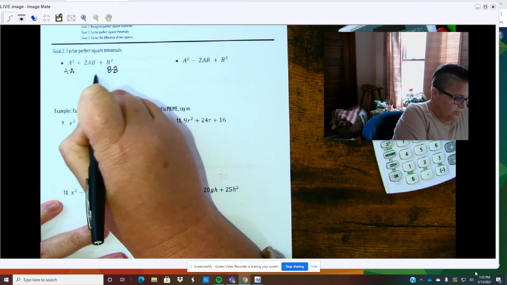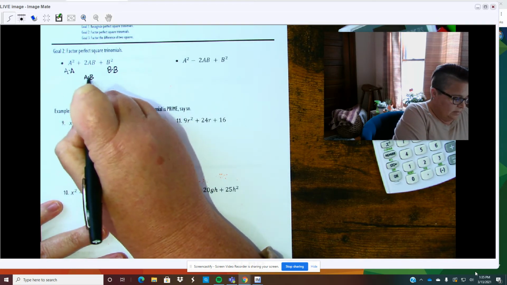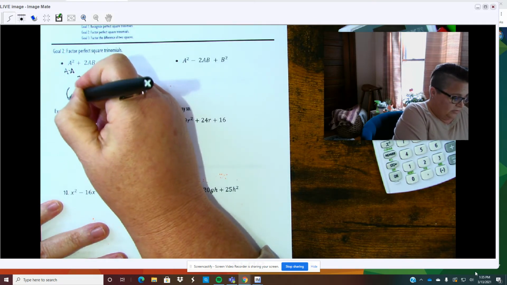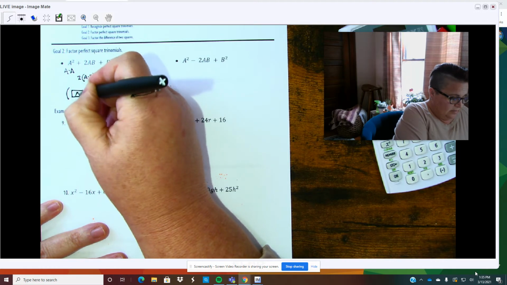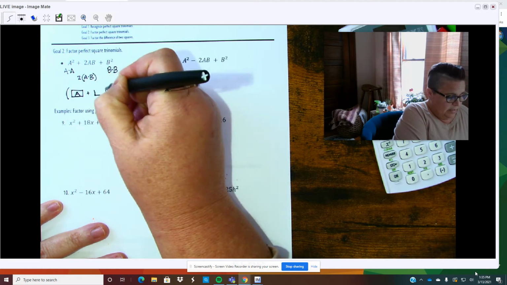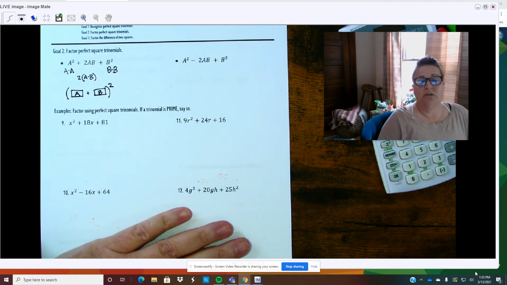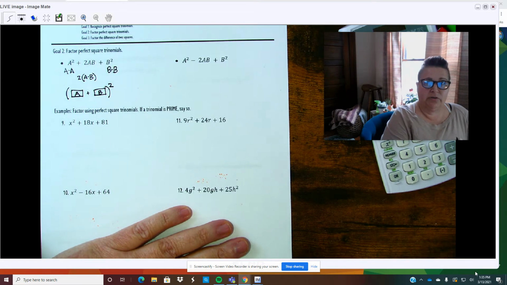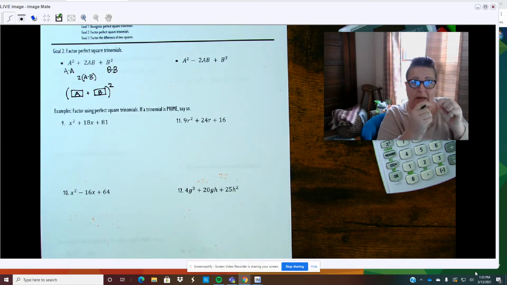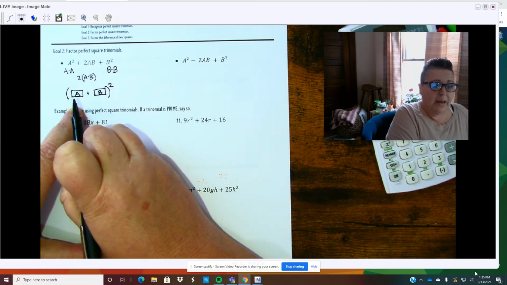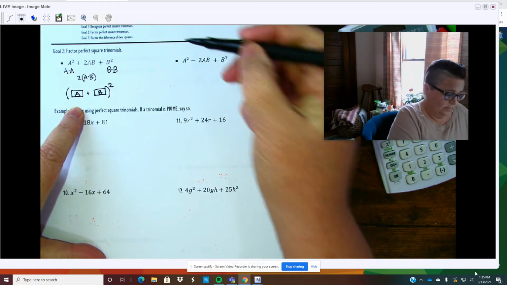Since the middle term is an a times b, squared, the factor here is whatever a is plus whatever the b is squared. So if you can determine what is being squared in the first term and what is being squared in the second term, and you can verify that the middle term is twice the product of those squared, then what you have is whatever a is plus whatever b is squared.